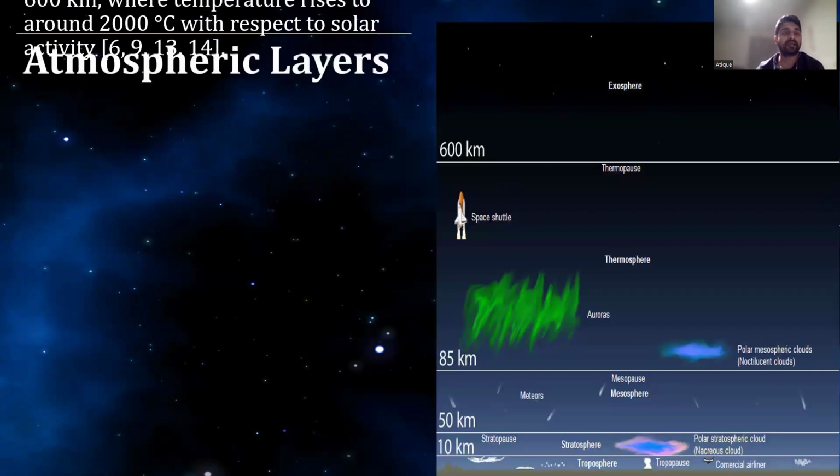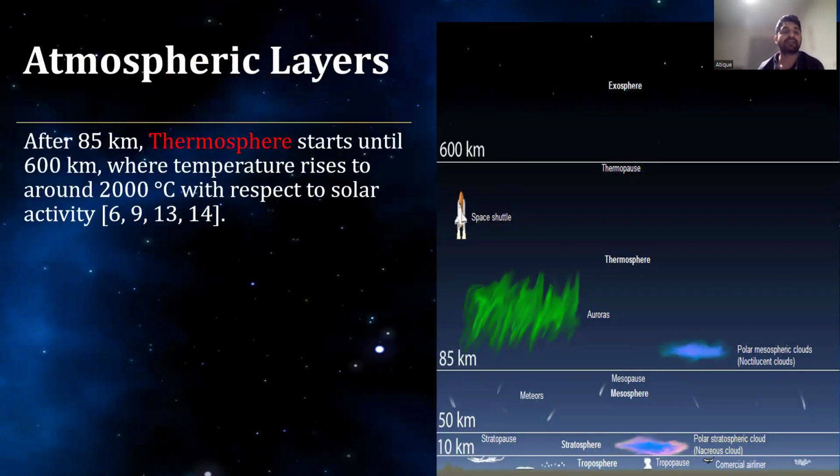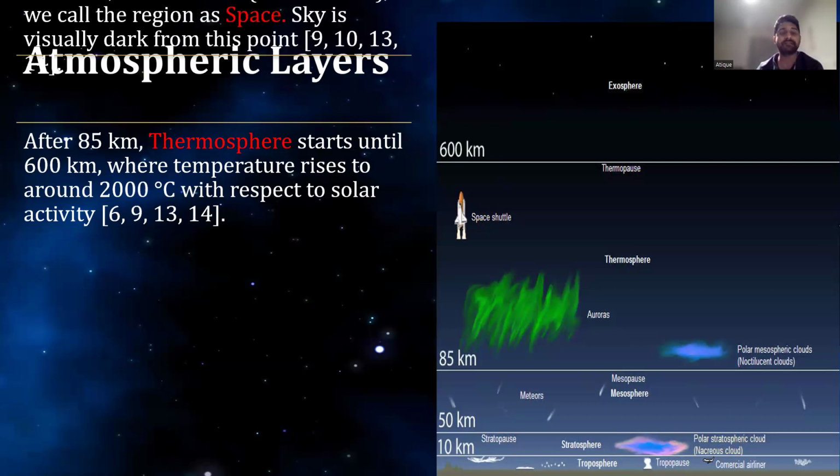Followed by the mesosphere, there is the thermosphere from 85 kilometers to 600 kilometers, where the temperature will increase exponentially and reach around 2000 degrees centigrade depending on solar activity.